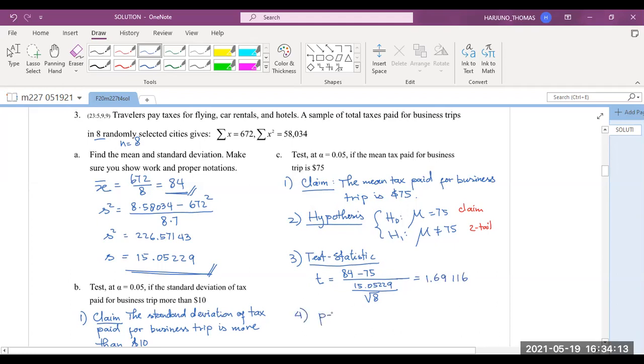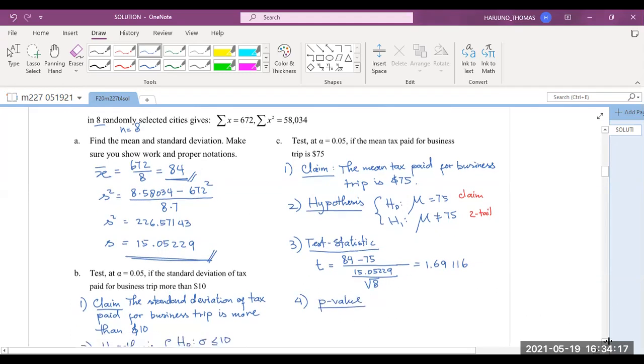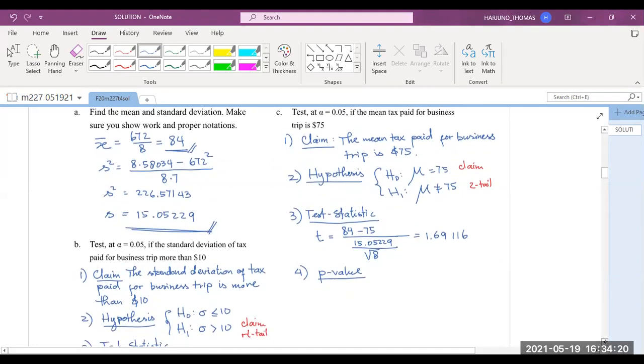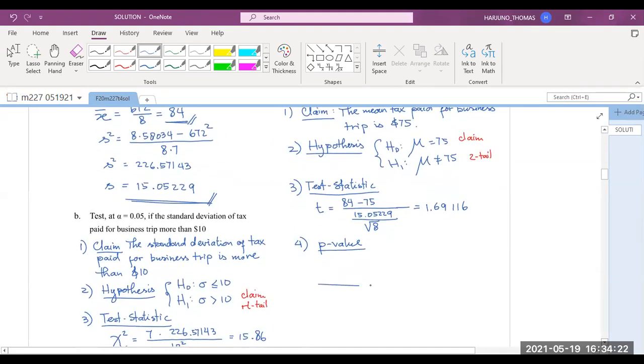How about p-value? That's 1.69116, the area to the tail, but I need to double because it's a two-tail. So p-value is 2 times normal CDF.